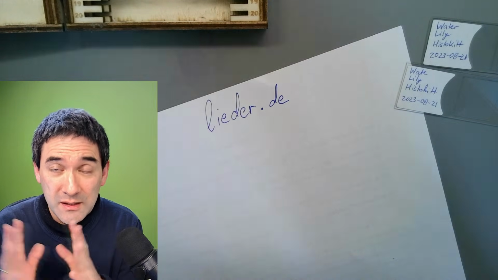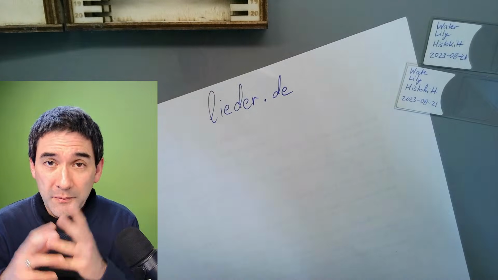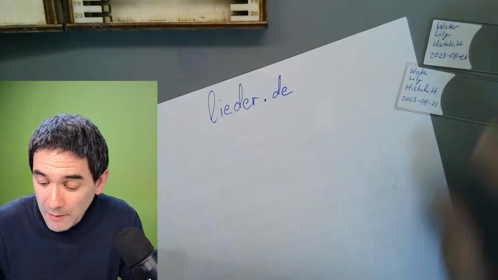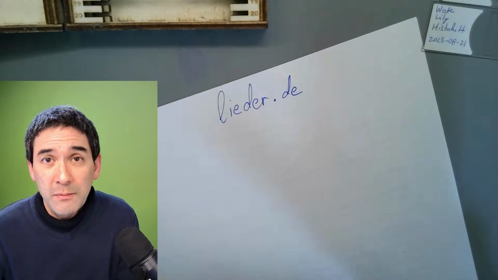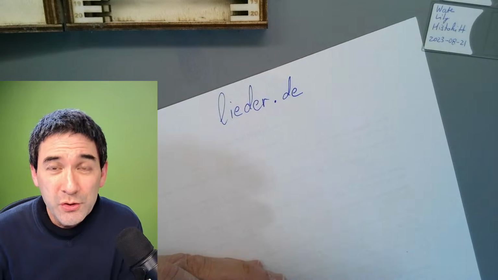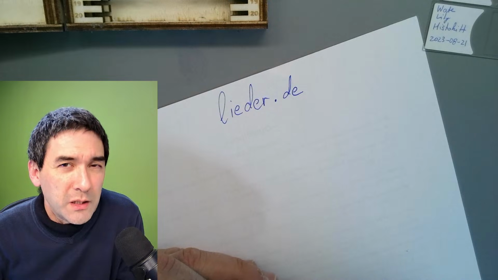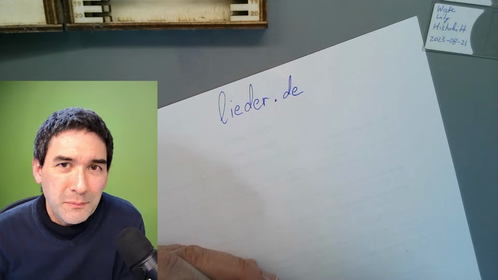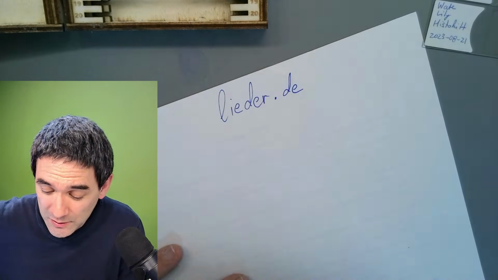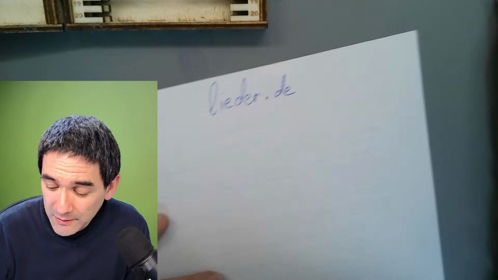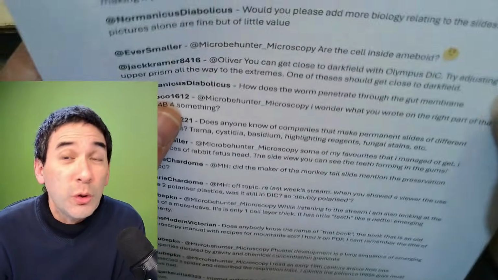Yeah, if you want to have cheap, permanently mounted microscope slides, buy them on Amazon. Okay, that's of course the option. However, I do have to say that those cheap Amazon slides, I mean they work, right? But quality-wise, generally there is no comparison. The quality is much lower, much more dirt.